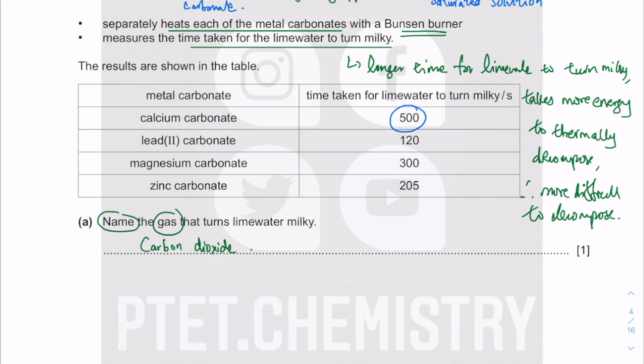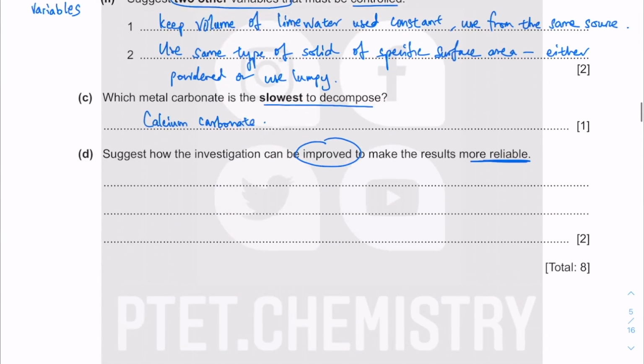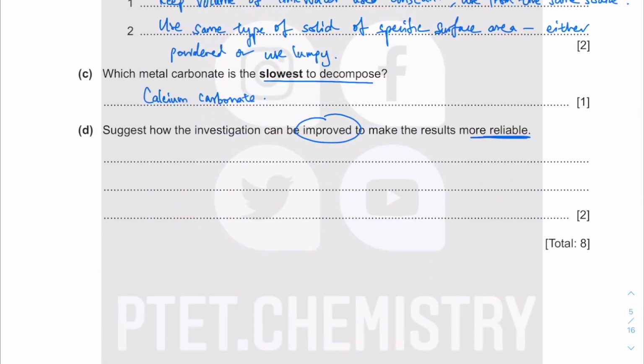The second time, taking the time for lime water to turn milky, you will have a result, and then you compare. Are they very similar or are they way apart? If they are way apart, you might need to do a third time and compare. All right, and you take the average in order to get the best concordant result, in order to average out any small bit of errors.